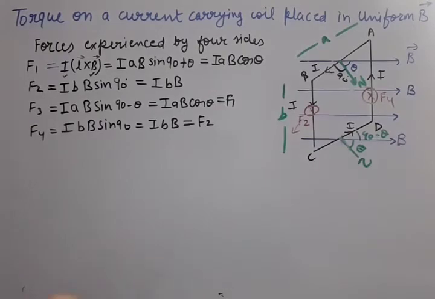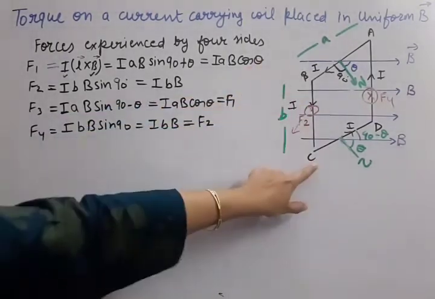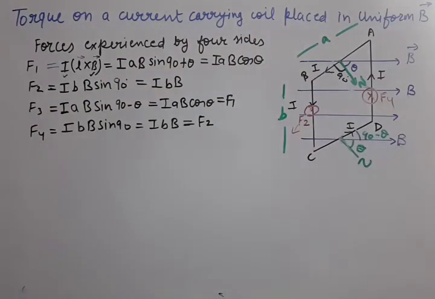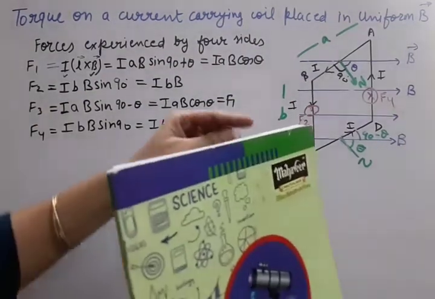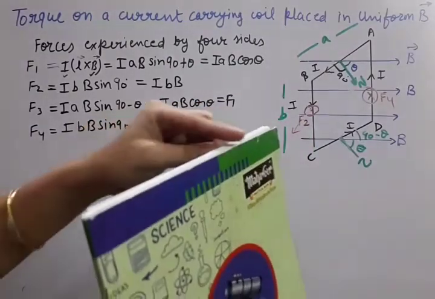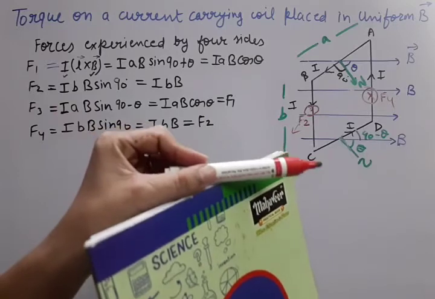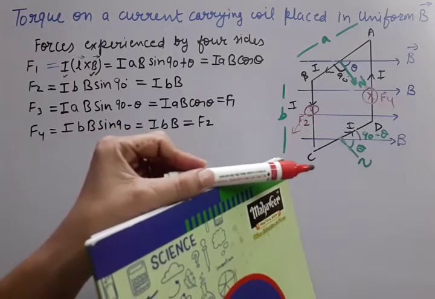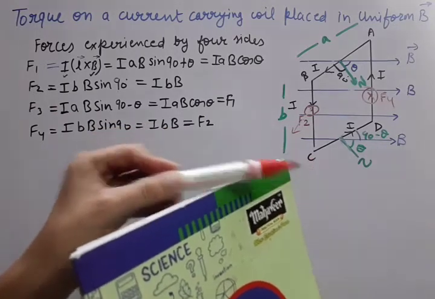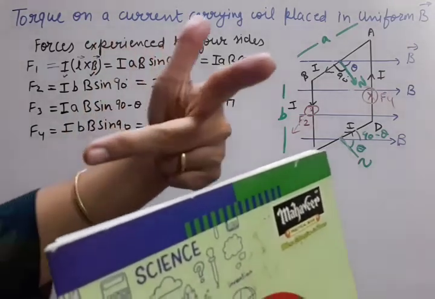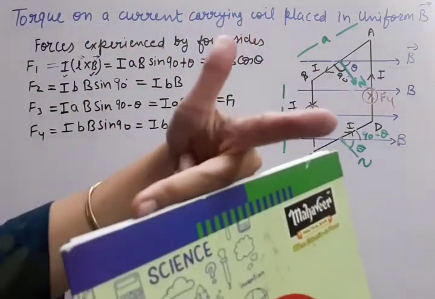Okay, now let us solve for this upper side and lower side. Here the current is coming here. So if we take the help of this resistor again, this is the direction of current. Then this is magnetic field B, which is parallel to the plane of the board. So if we use our left hand, then central finger should be in the direction of the current.